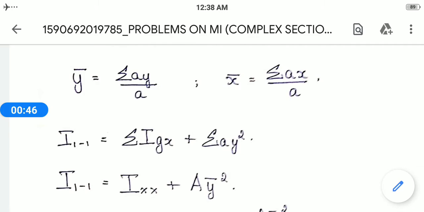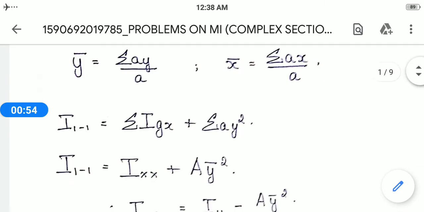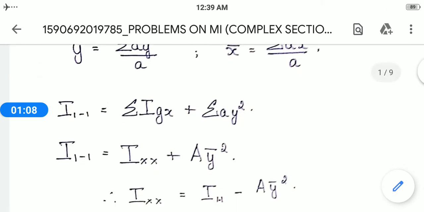These are your formulas for your recap. Y bar is your summation of a y by a and x bar is your summation of a x by a. I11, for the first component, can be rewritten as I of AA in some cases, that is the horizontal axis. Which will be equal to summation of IGX plus summation of A into Y square.